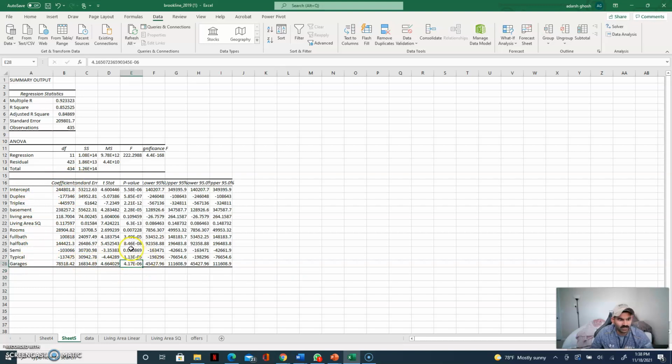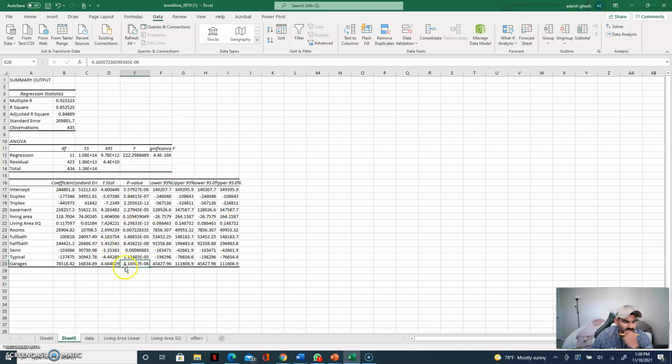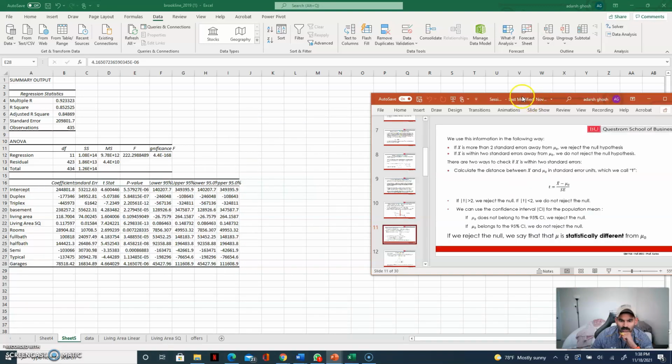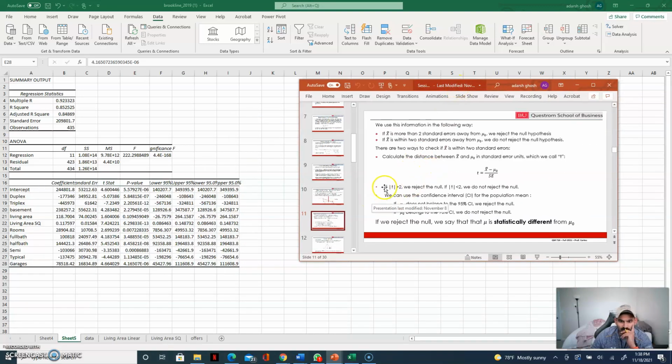And what we find is that everything has a p-value, so that's good. I'm able to determine if these variables are significant or not. Remember again, if you go to session 4's PowerPoint, how to do a t-test. So right off the bat, if the magnitude of t here is greater than 2, then it is considered statistically significant, and we can reject the null hypothesis.